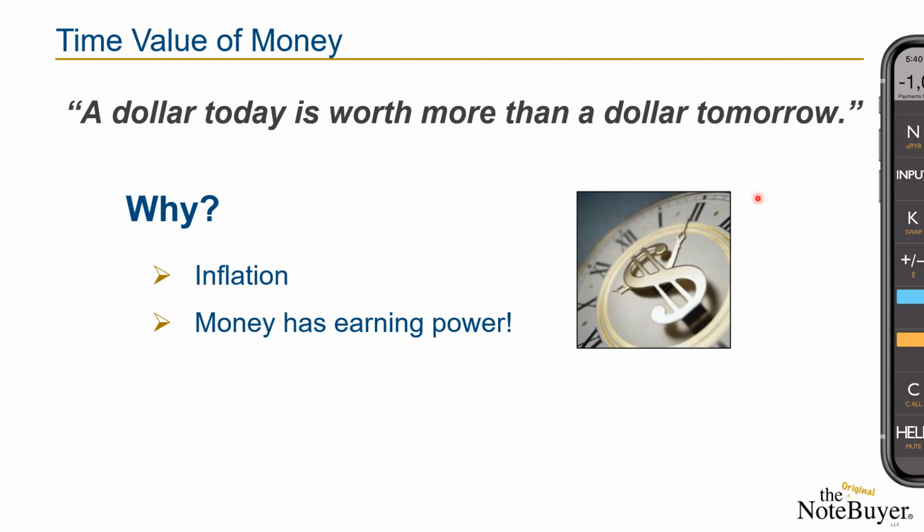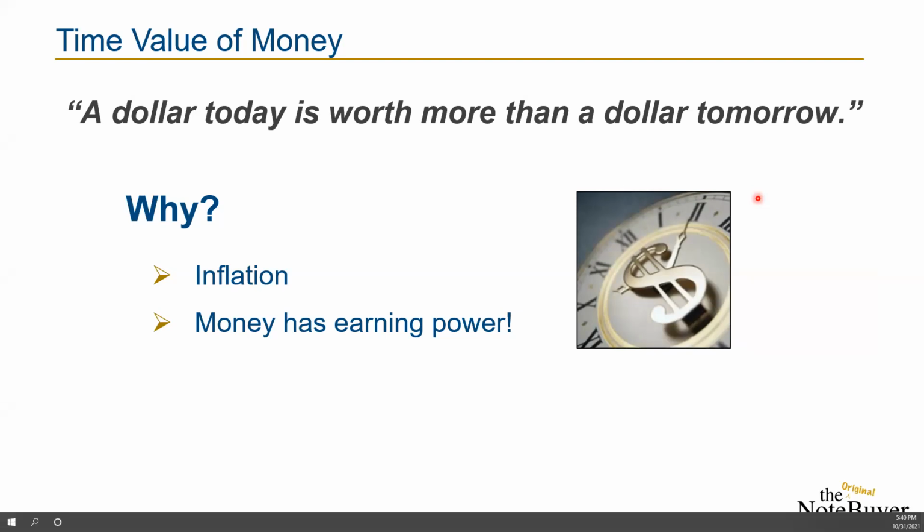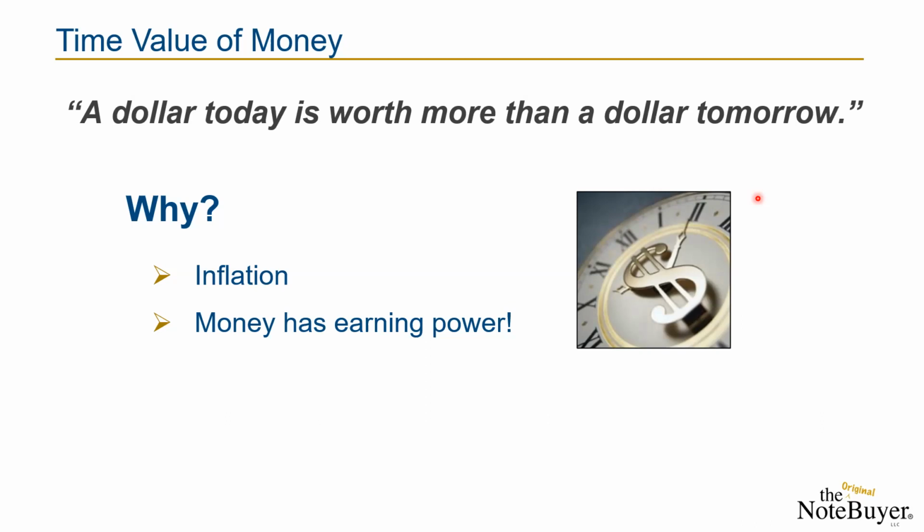So you have to take into consideration not just how much money you're getting, but when you are getting it. Very, very important. And you can really use that to your advantage when you're negotiating, because when you get the money, or when you pay the money, can be a big difference.